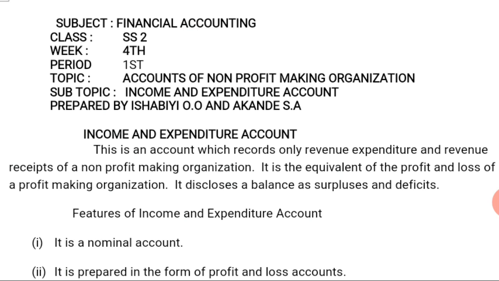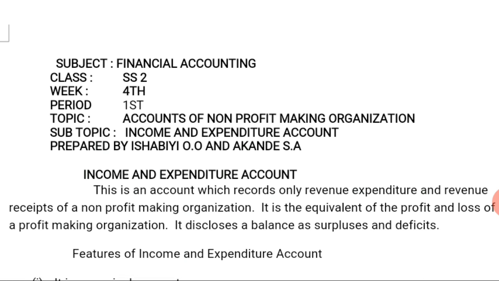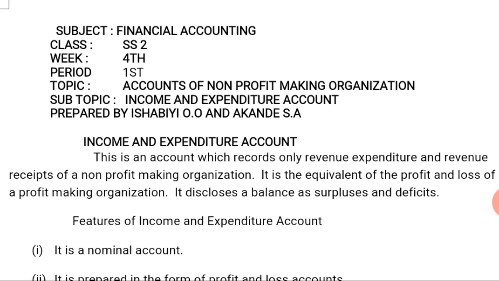And we said that these organizations are not set up to make profits. We gave examples of non-profit making organizations as the Muslim Society of Nigeria (MSSN), the NASFAT Group, the Ikoyi Club, and the Lagos Island Club.